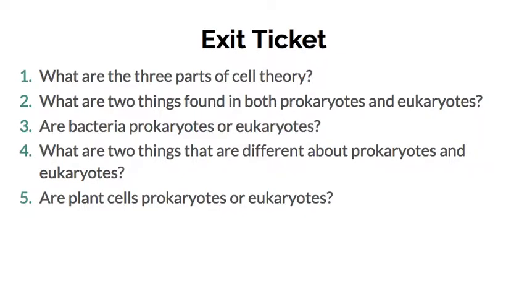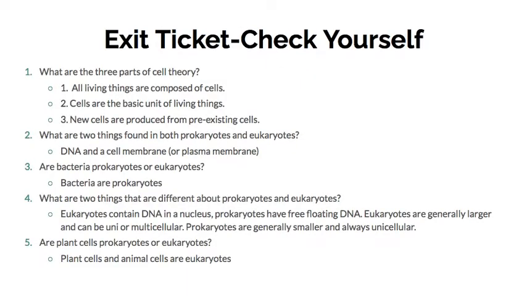So exit ticket, go ahead, pause here, and try these out on your own. So go ahead and check yourself. 3 parts of cell theory, and that is a vocabulary definition, so make sure to have that down. 2 things found in both prokaryotes and eukaryotes are DNA and a cell membrane or plasma membrane. Are bacteria prokaryotes or eukaryotes? And as stated, bacteria are prokaryotes.